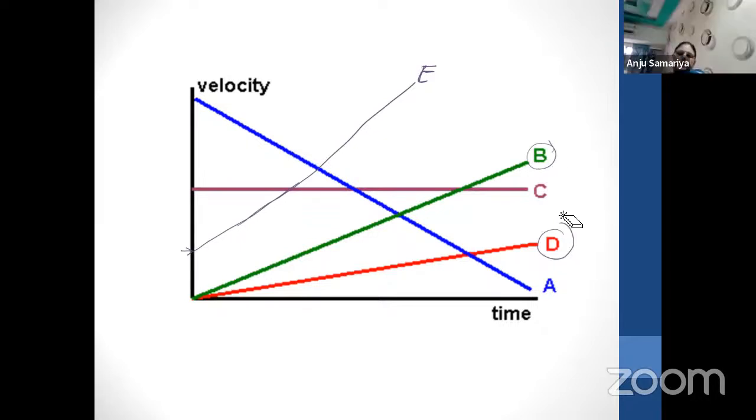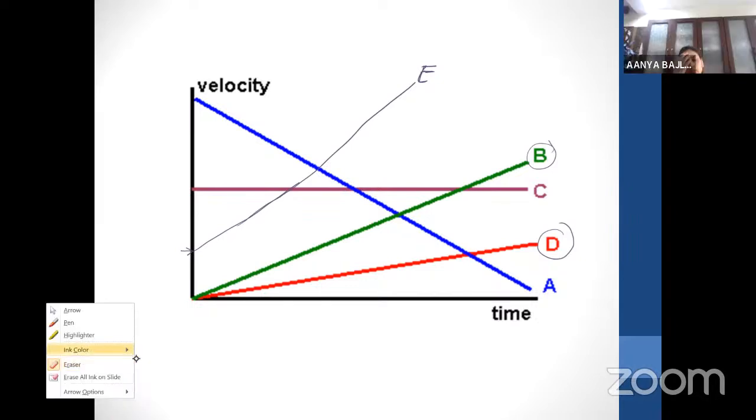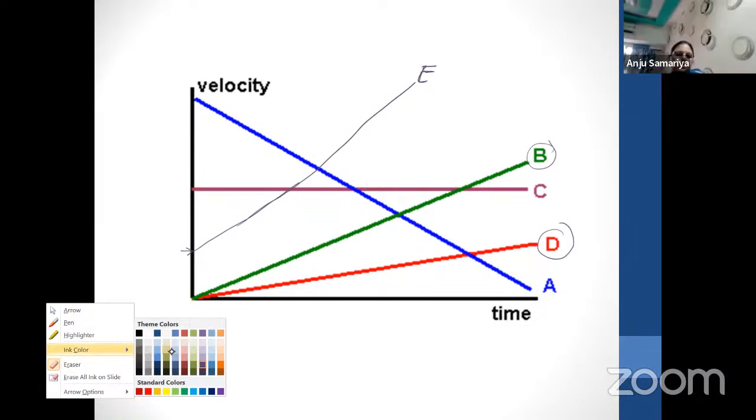Graph B and D, which will have more velocity? D. Yes, the greater the slope, the greater the acceleration.